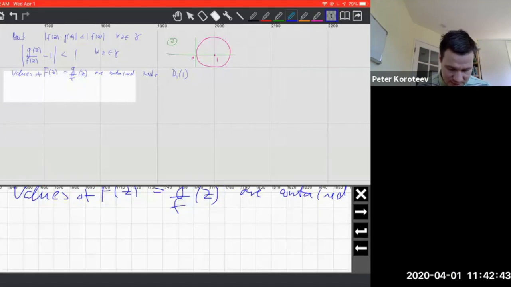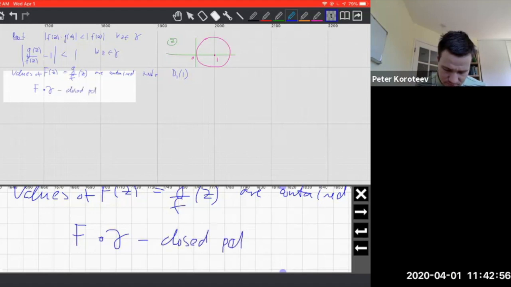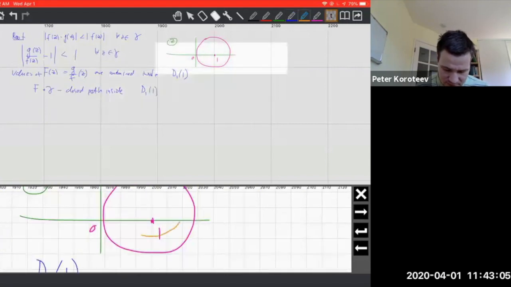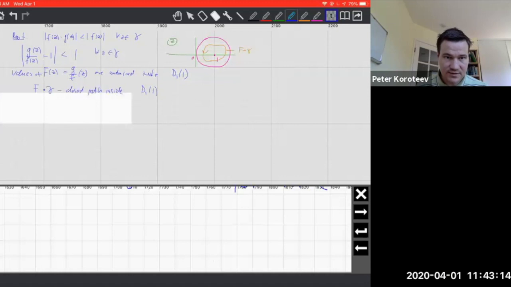If you take gamma, the curve, the path, and then compose it with F, then this would be a closed path inside that open disk, just because of what I just said. So that would be gamma composed with F.